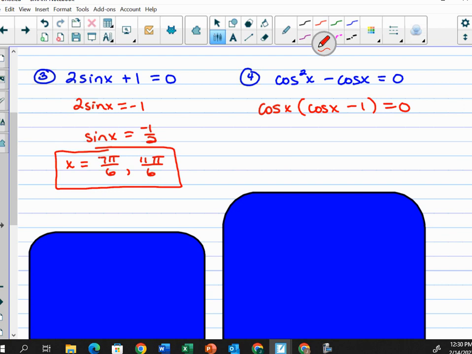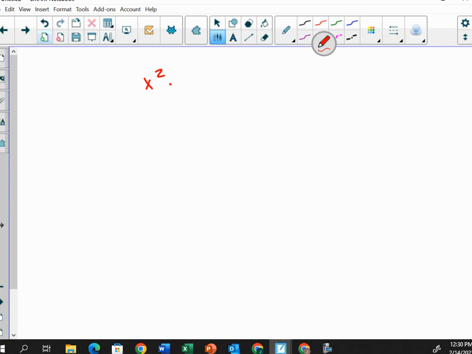What do I do with those factors? You don't have to write this part down, this is to jog your memory. This is called the zero product property. You can set each factor equal to 0. You guys remember this from algebra?